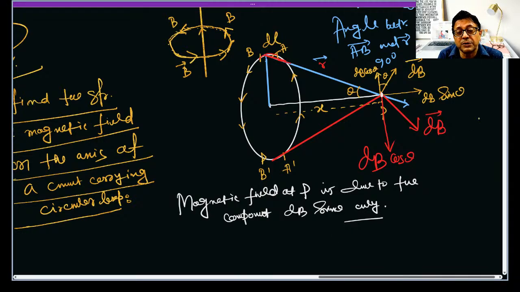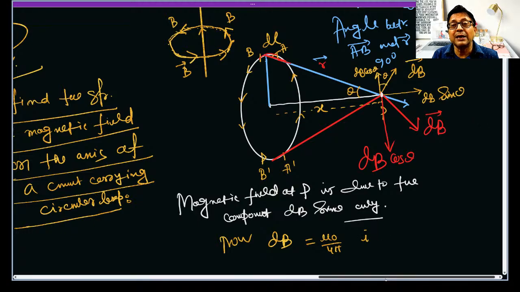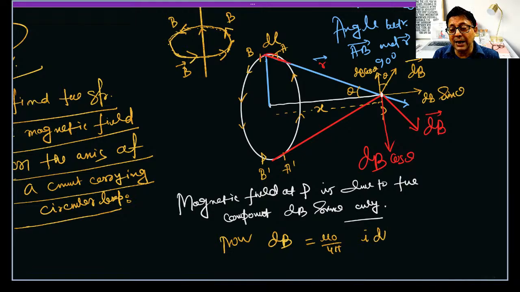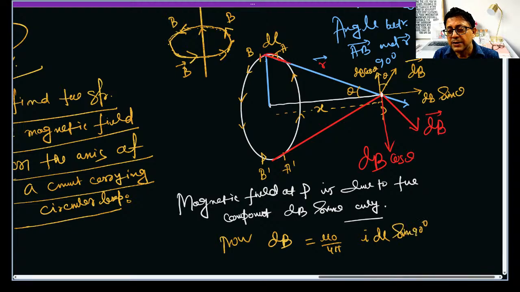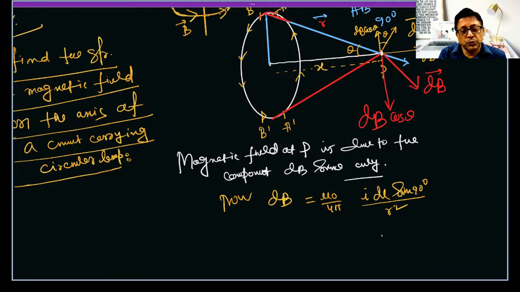So let us write the expression for dB first. We are writing the magnitude. dB is mu0 by 4 pi. We will write the magnitude only because we know the angle. That angle is 90 degrees, I have specified already. So dB equals mu0 by 4 pi I dl sin 90 divided by r square. So dB sin theta equals dBx.